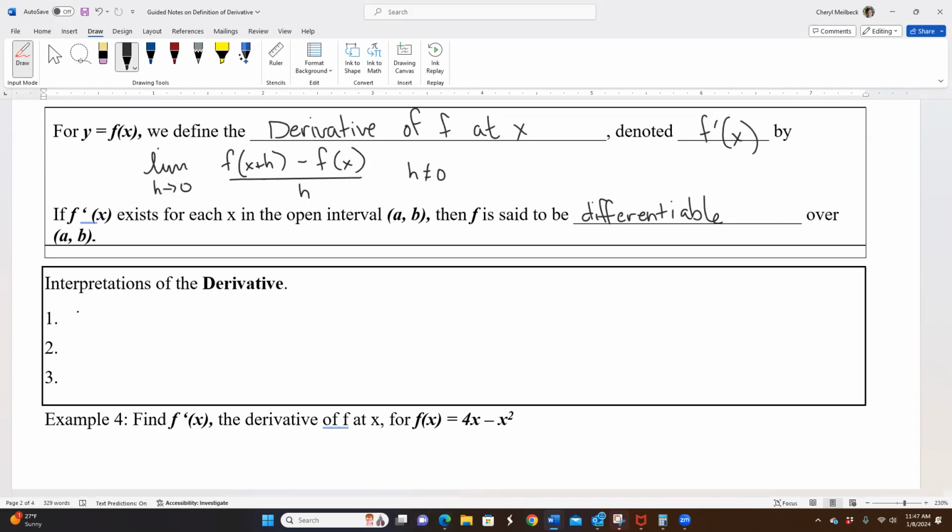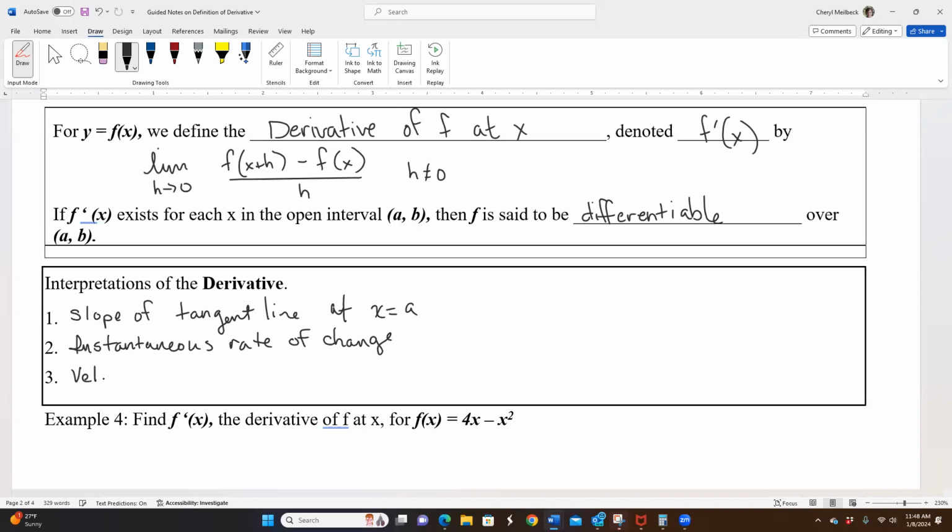First interpretation of the derivative is that it's the slope of the tangent line at x equals a. It's also the instantaneous rate of change, and it can also be interpreted as the velocity. All right, in our next video, we will look at some examples.